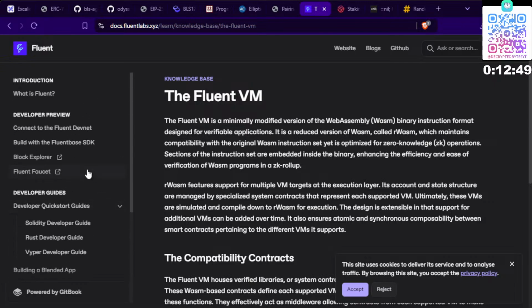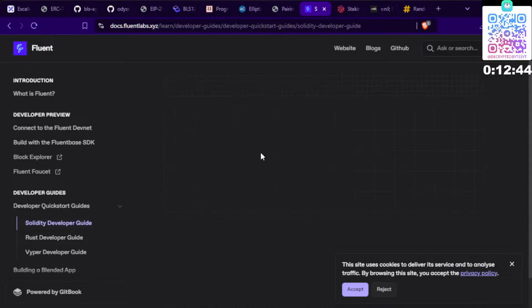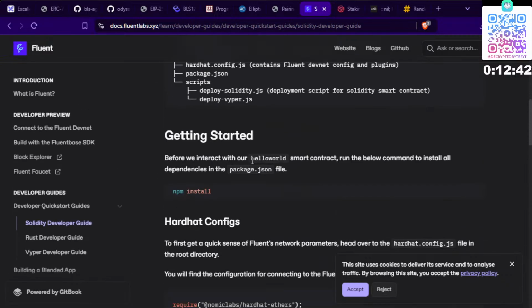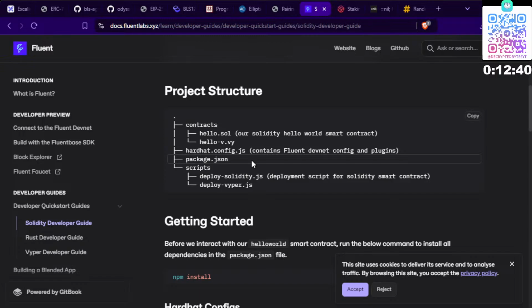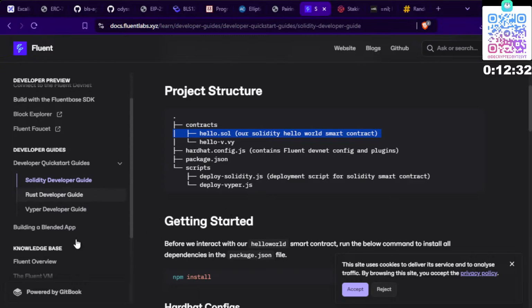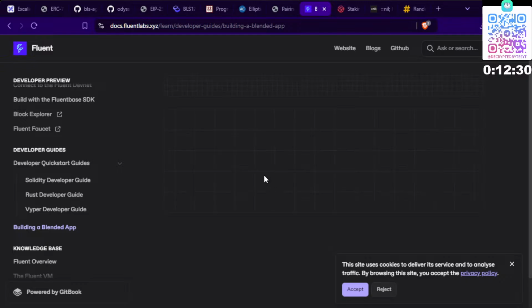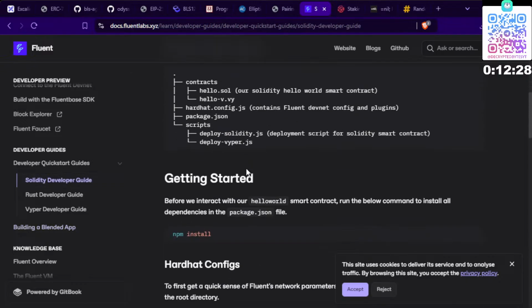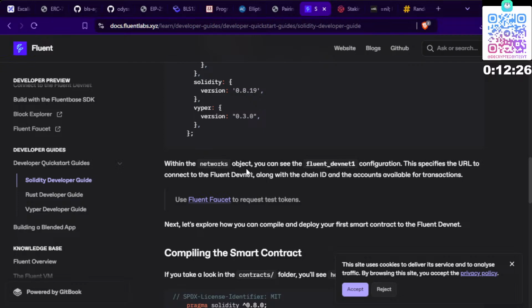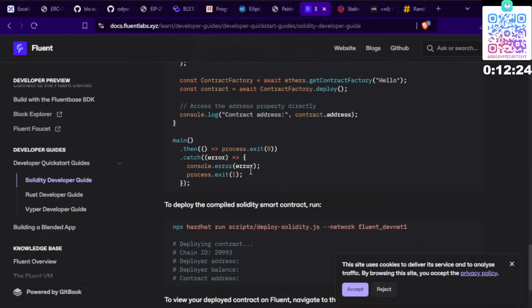You can go to this anytime, but we'll try to write a hello world application and do something different. Blended apps. Yeah, that's the plan.